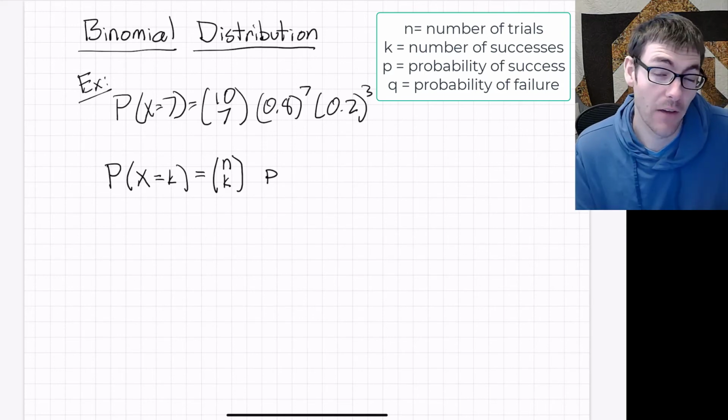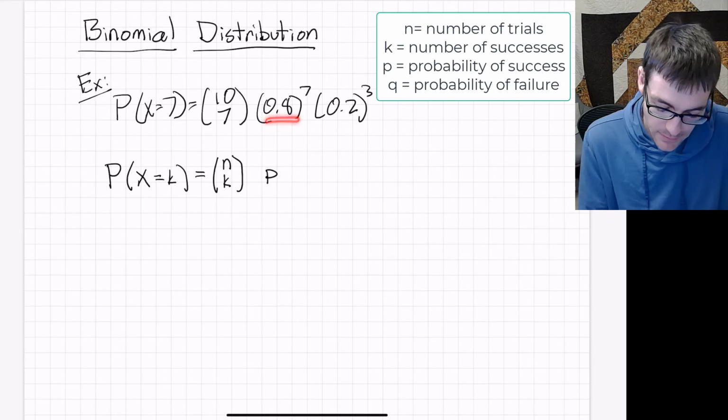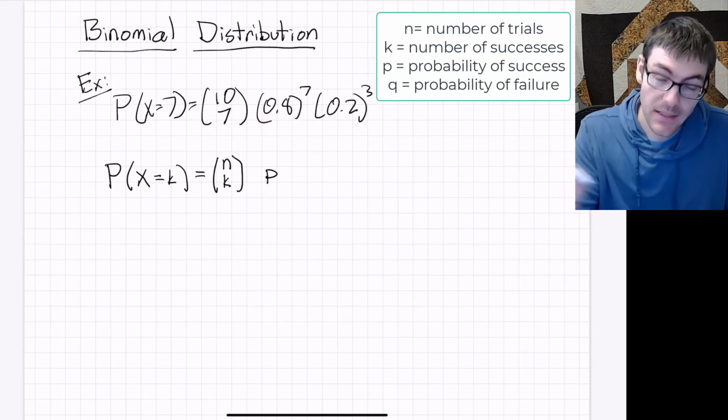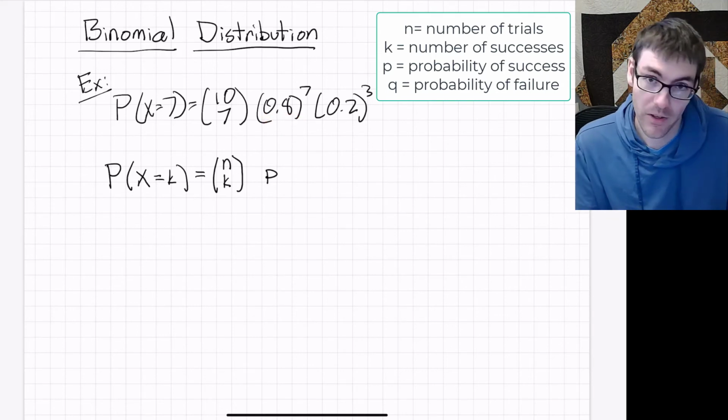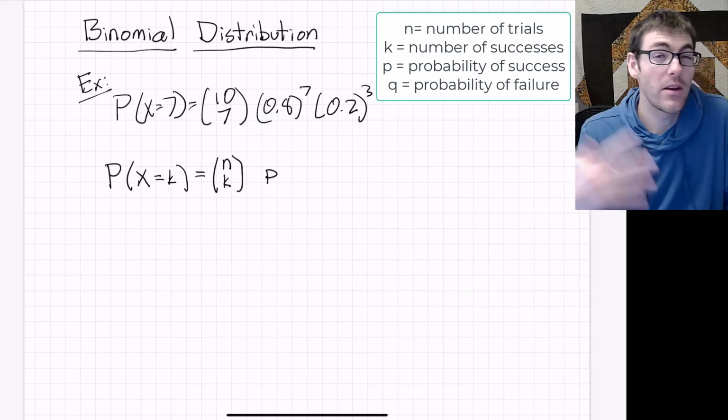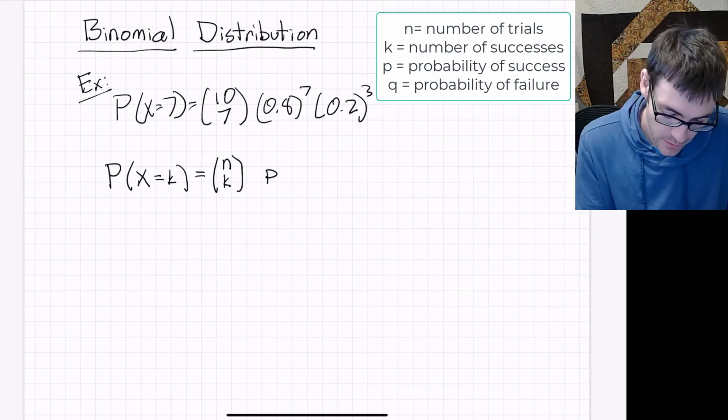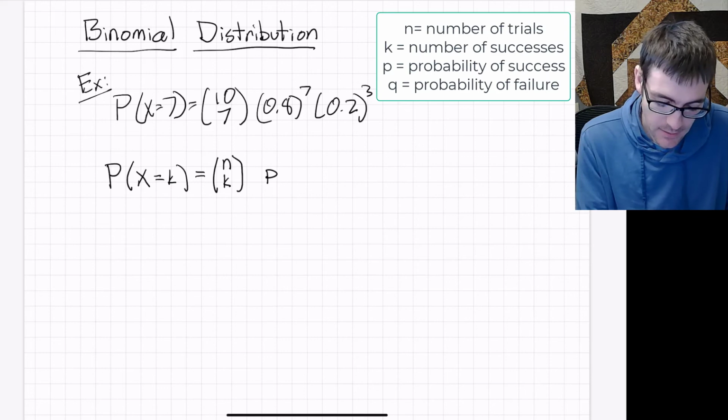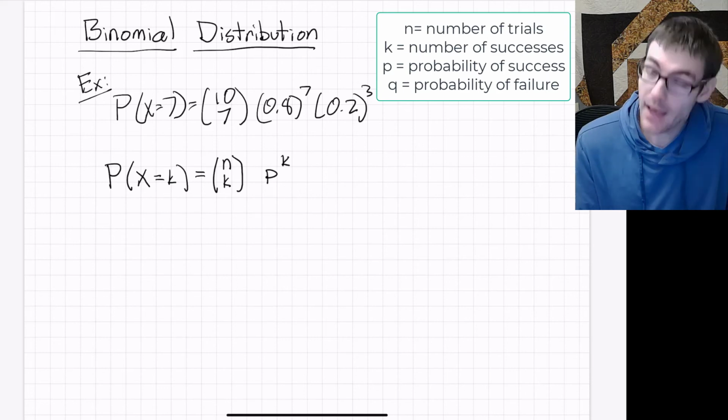The probability of a success in our past example was 0.8. So it's 0.8 to the 7, because it was the probability of success to the power of the number of successes that we want. If we want k successes, this is going to be p to the k.